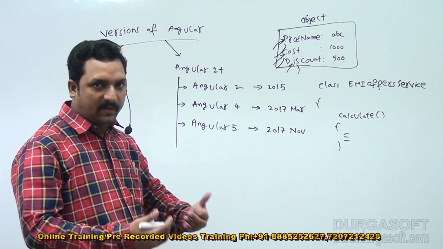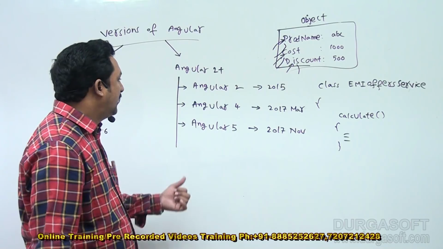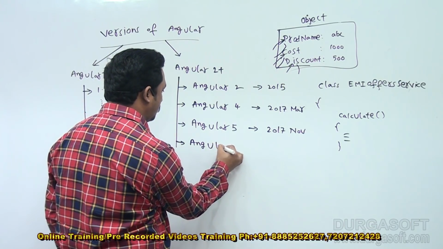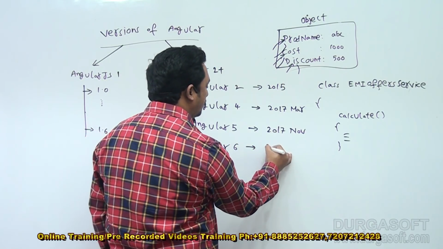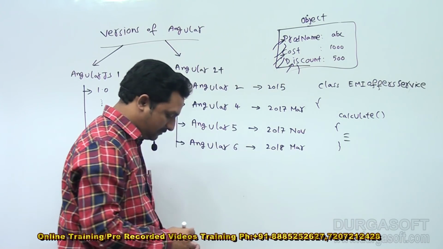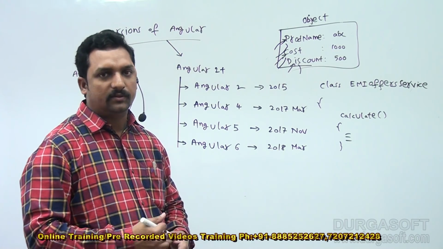So in the next month, in March 2018, Angular 6 is announced. They are mostly ready to release, and they are still working on that.